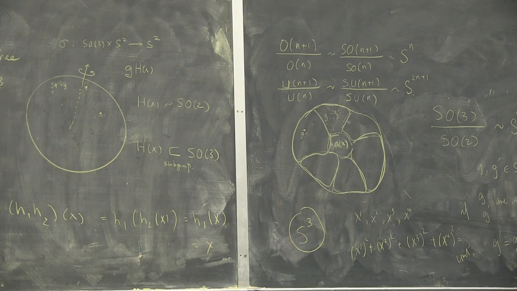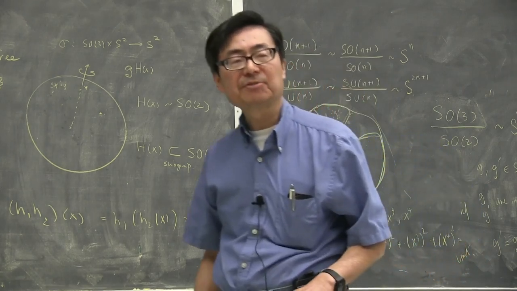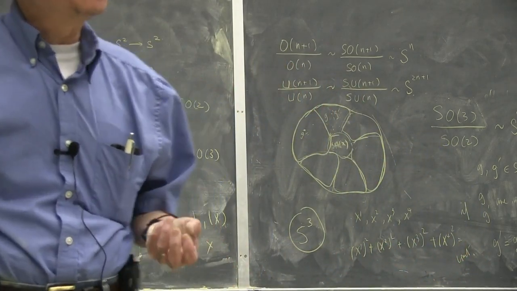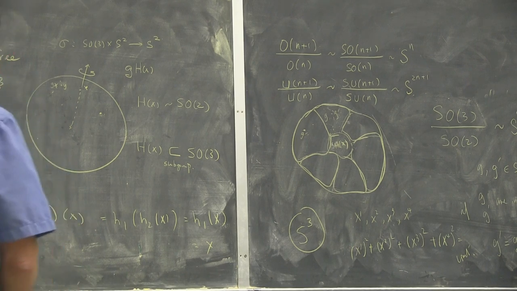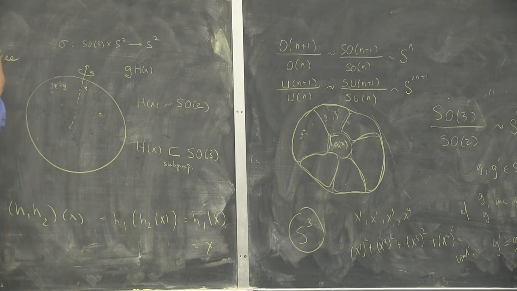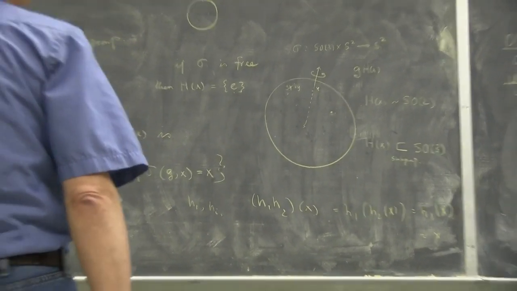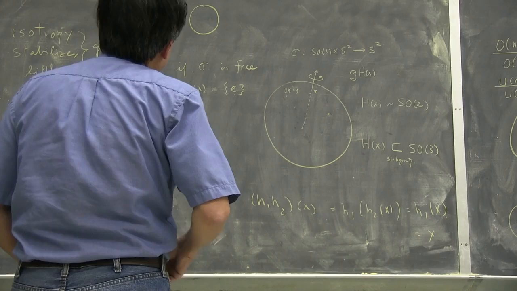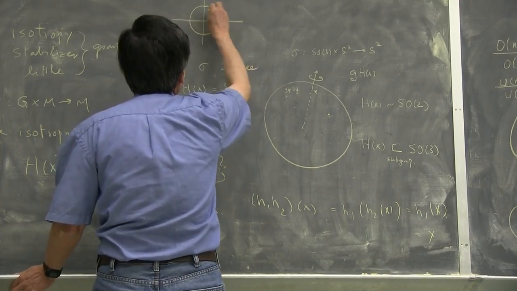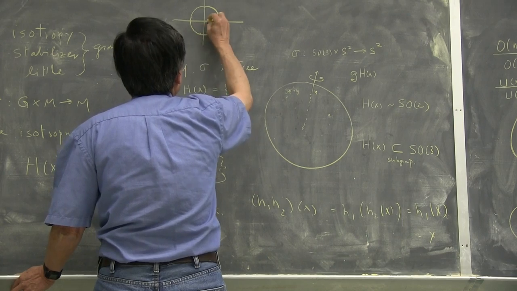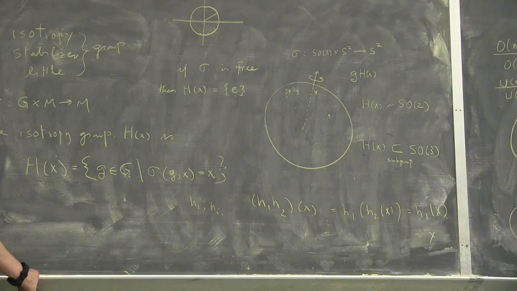Then the set of points is called S3. You can think of S3 as being immersed in R4 in pretty much the same way as S1 is immersed in R2. All the points in R2, but these are the points where x1 squared plus x2 squared is a constant, namely the radius of the sphere.